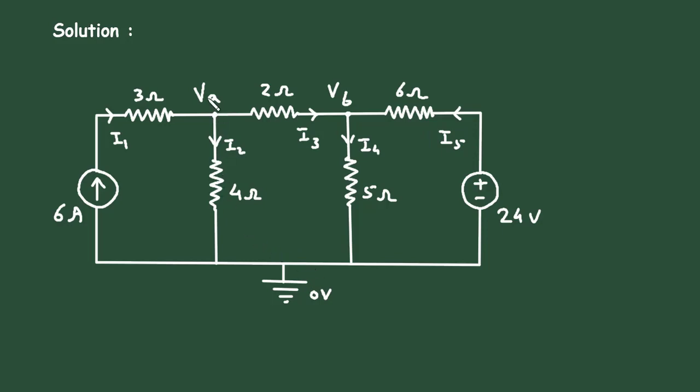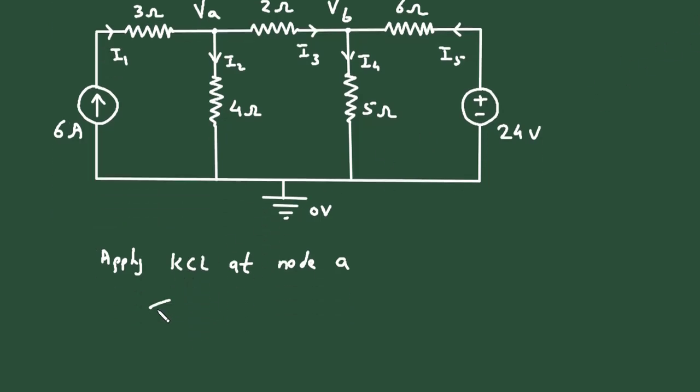Now here at this node A, we will apply KCL at node A. According to KCL, that is Kirchhoff's current law, summation of all the currents entering a node is equal to summation of all the currents leaving the node.